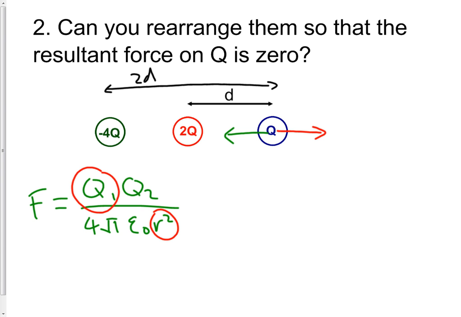The force would be quartered as a result of that doubling of the distance. So the force here, if it was 2D away, would be too small. This force would be too small to make the resultant force zero. So it's got to be somewhere between here, where the force is too big, and here, where the force is too small.